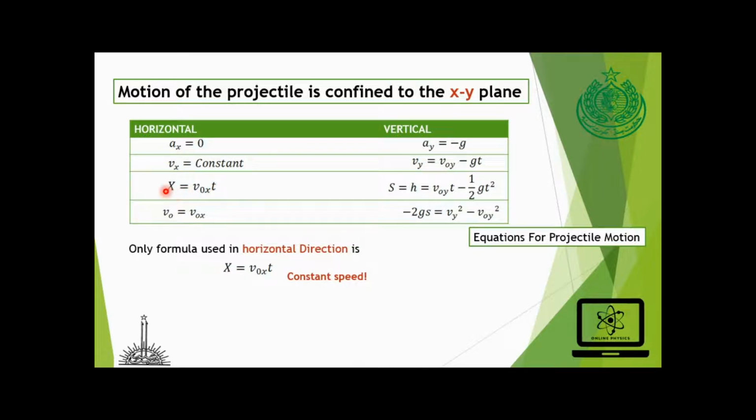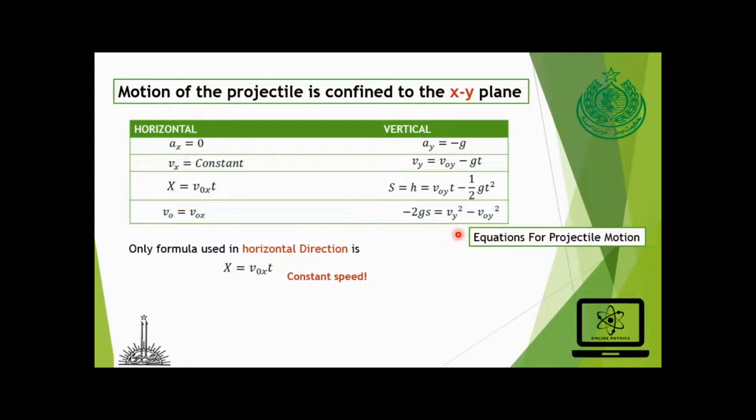This s is along the horizontal direction, so that's why we are taking x, and the velocity is along the horizontal direction, that's why this is v naught x and t. v naught x is the constant velocity. ay is equal to minus g, vy is equal to v naught y minus gt. s is h, because vertical height is equal to v naught y t minus half g t square, and minus 2g s is equal to vy square minus v naught y square.